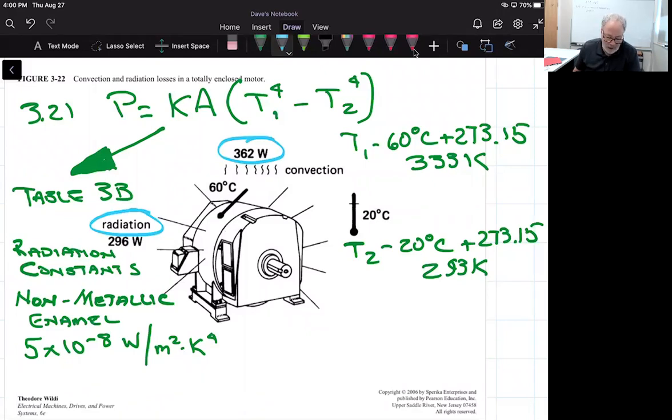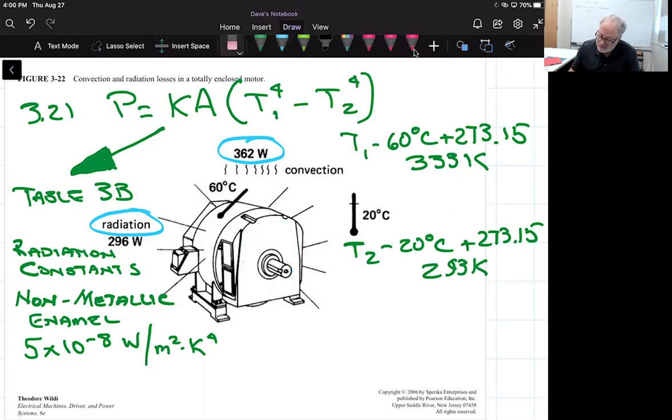So what we're doing here, we're looking at example 3.18, and we want to calculate the heat loss. So we have to be given the K. The A that is represented in this equation is the surface area of the body. With this motor, the calculation of the surface area might not be the easiest thing to do, but that could be done, and we could figure out what that might be.